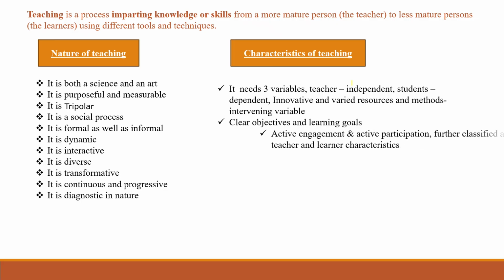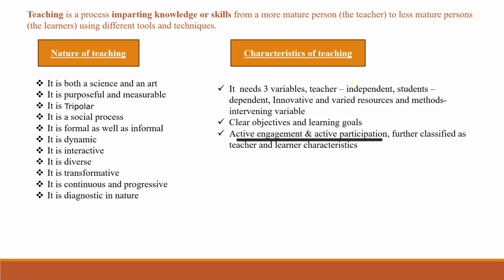Active engagement and participation of both the teacher and students enhance effective teaching by increasing motivation, critical thinking, deeper understanding, and clarity. Overall, interaction makes the teaching learning process meaningful.